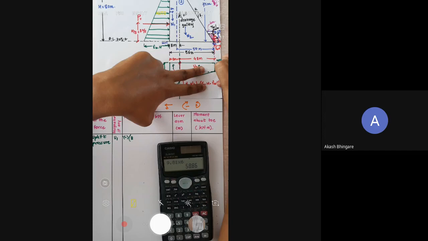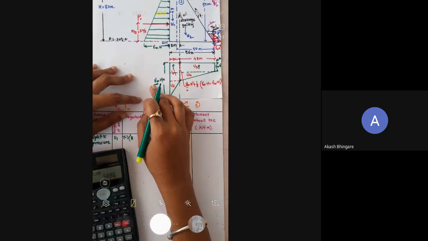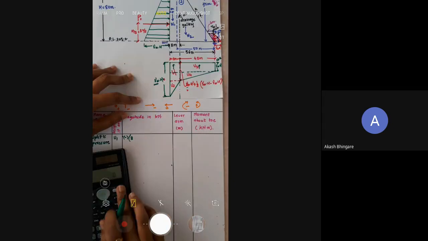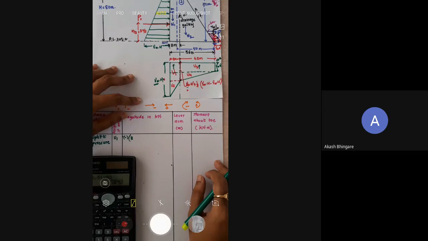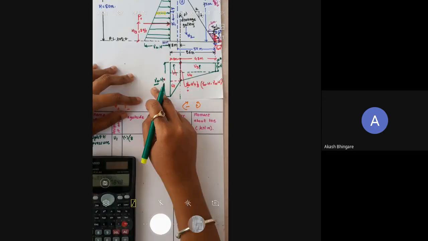Now gamma W into H on the heel will be 9.81 into 80. What is the value? Correct, 784.8.